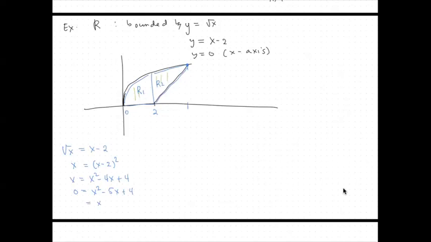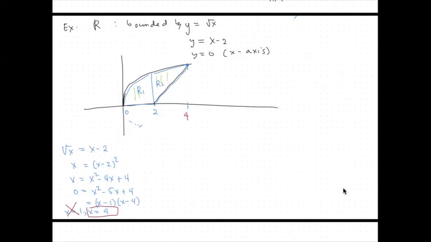And then we get x minus 1, x minus 4. So x is equal to 1 and x is equal to 4. We know that when x is equal to 1, somewhat like here, but it's not included in the region. We cross this out. This means this is x is equal to 4. We will use this one.